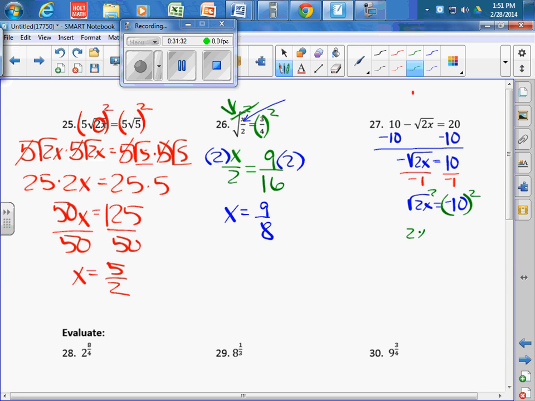I get 2x is equal to -10 squared, 100, x equals 50. Well, take 2 times 50. What do you get? 100. What's the square root of 100? 10. What's 10? Oh, wait a minute. What's 10 minus 10? Well, it's certainly not 20, so this one's no solution.